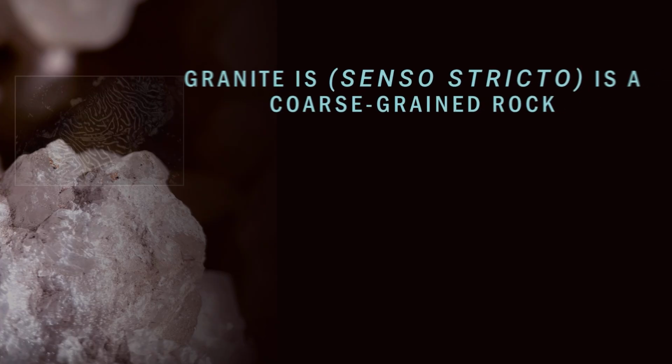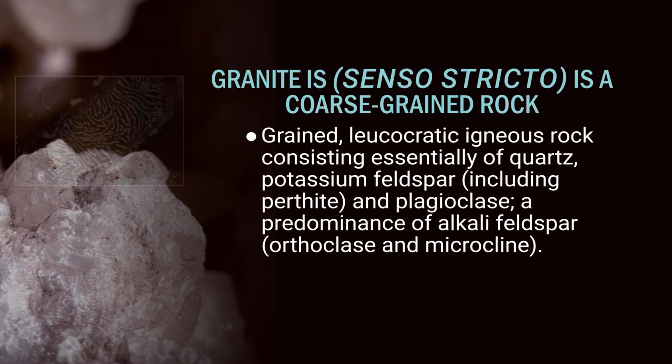The granite sensu stricto is a coarse grained leucocratic igneous rock consisting essentially of quartz, potassium feldspar and plagioclase, with a predominance of alkali feldspar. Leucocratic means they are light colored; it is a light colored rock.